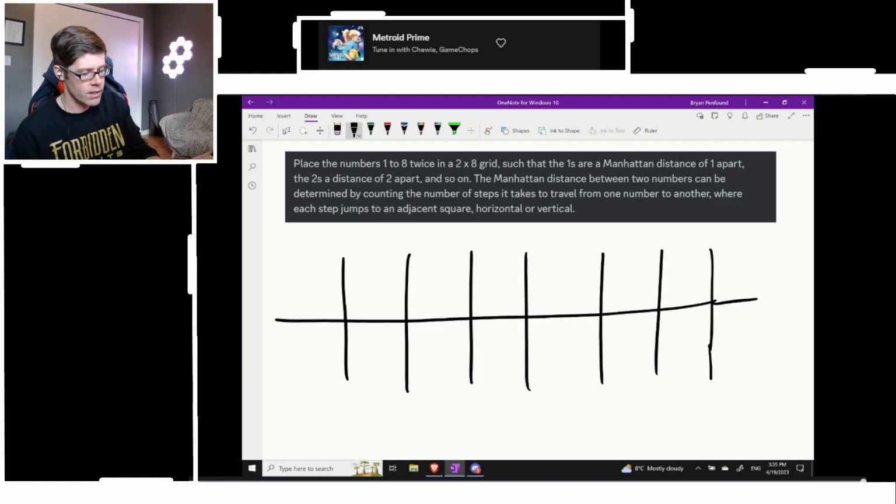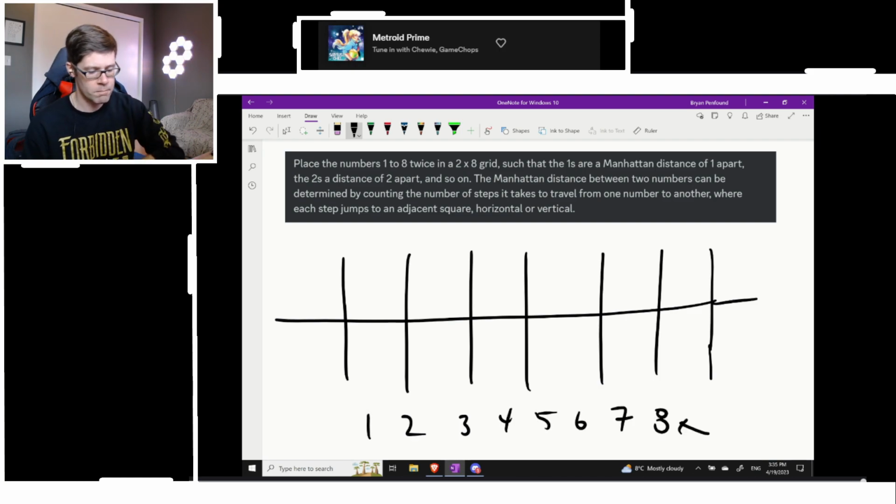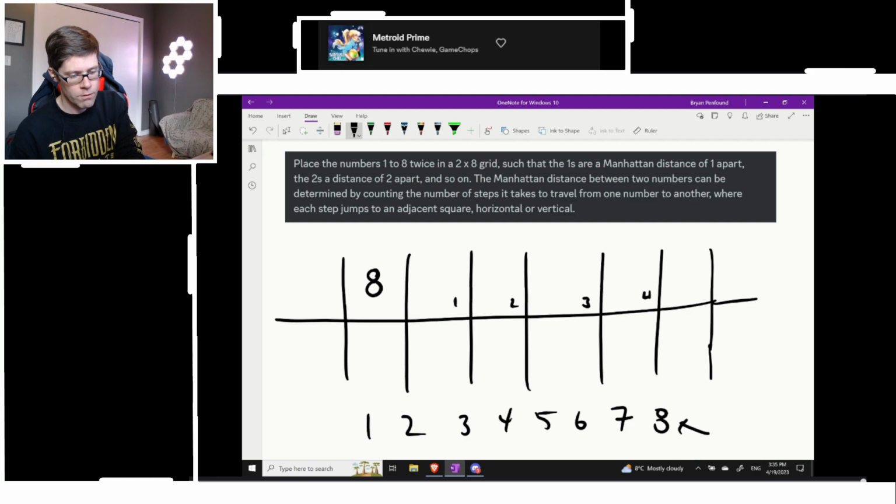So this is interesting. We have the numbers 1, 2, 3, 4, 5, 6, 7, and 8. Why don't we start with the biggest one? Let's say I put an 8 here. Well, Manhattan distance counts by spaces, so we'd go 1, 2, 3, 4, 5, 6, 7.